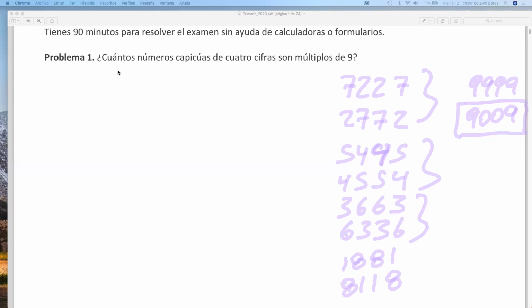We couldn't have an even number plus an even number or an odd number plus an odd number, because that would be even. So an odd digit plus an even digit equals a multiple of 9. There are 4 of them: 7 plus 2, 5 plus 4, 3 plus 6, 1 plus 8. And I did not notice 0 plus 9. Okay.